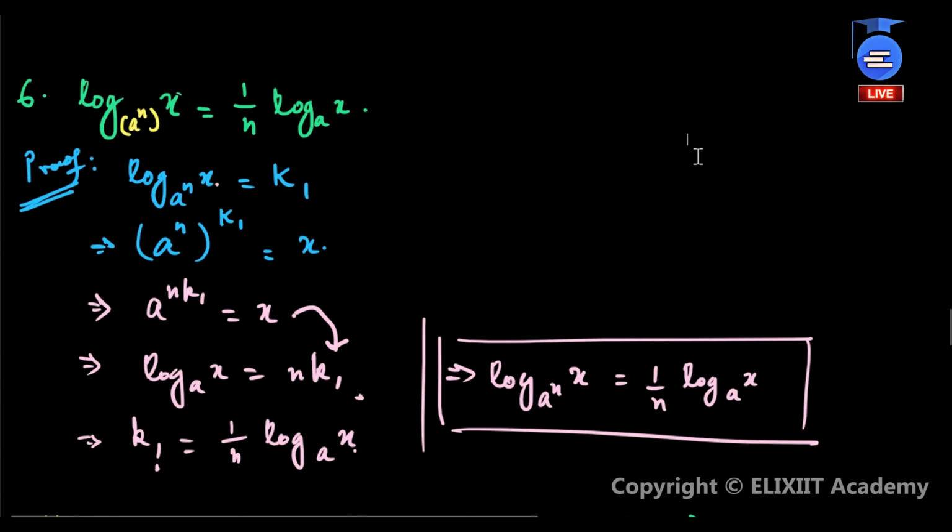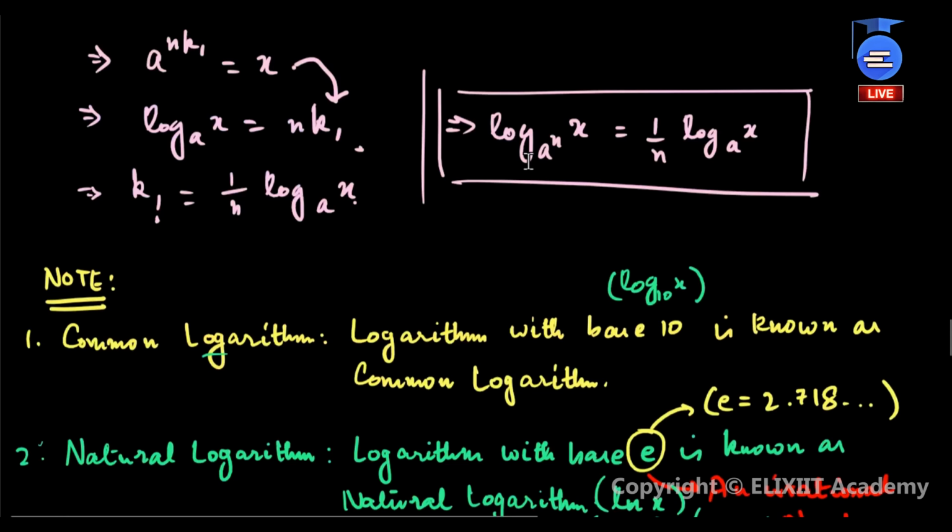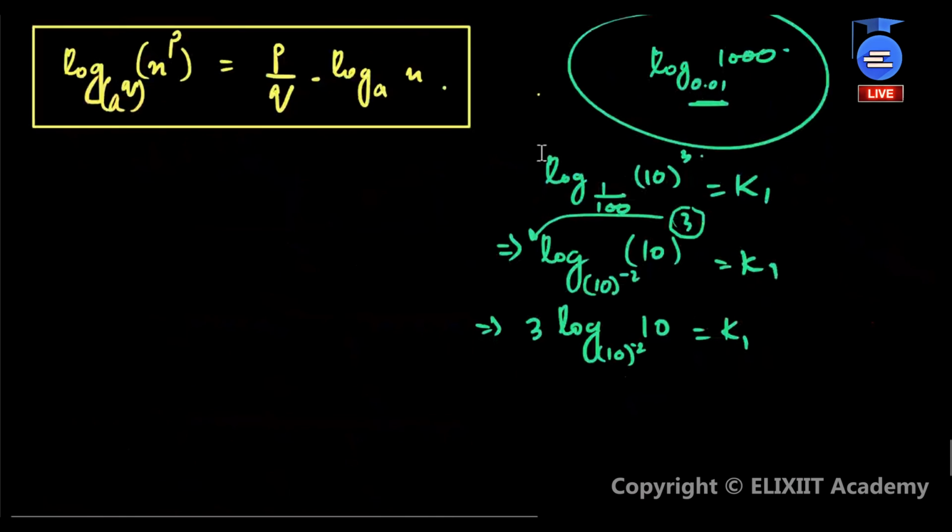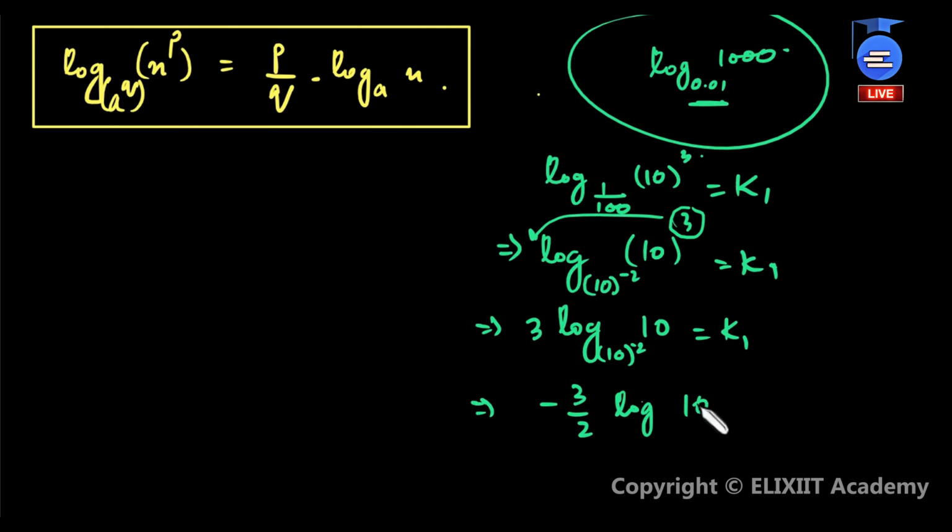So n comes down. What is n in this case? n is minus 2. So this is minus 3 by 2 log 10 base 10 equals k1. What is log 10 base 10? This is 1. So k1 is minus 3 by 2.